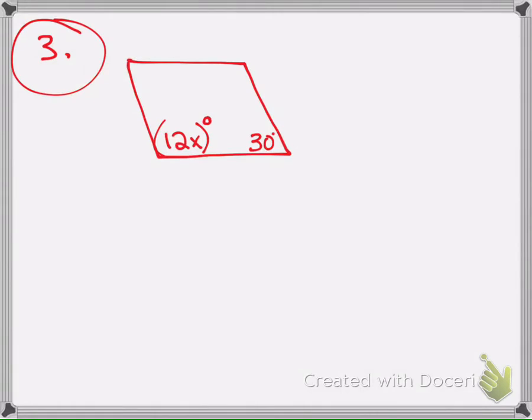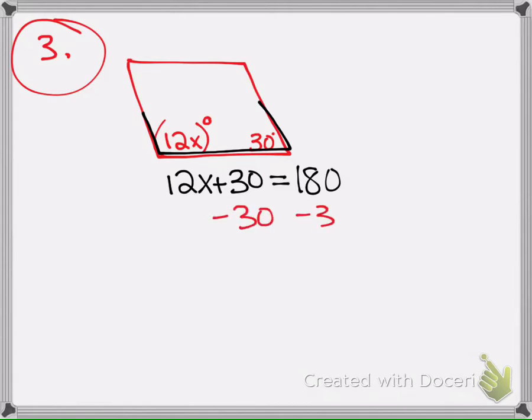Okay, so you need to add the 30-degree angle on yours. Now, what do I know about consecutive angles? Consecutive angles are supplementary. So I am going to write an equation where these two angles add to what? 180. Supplementary means add to 180. Okay, so I am going to subtract 30 from both sides.